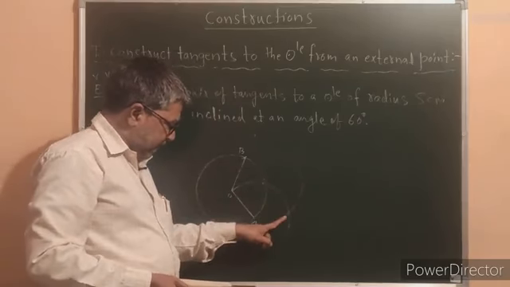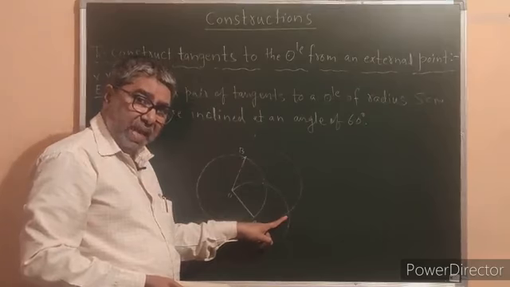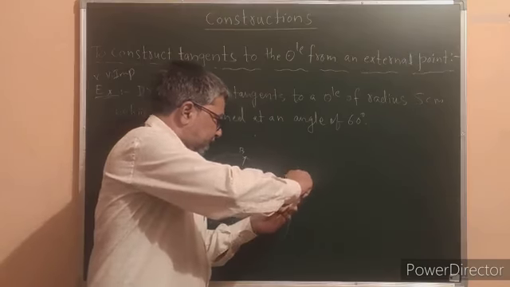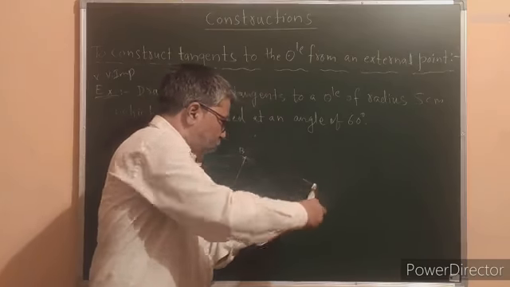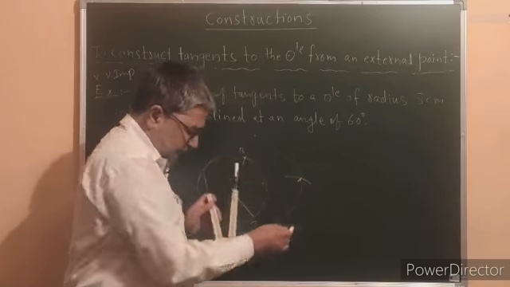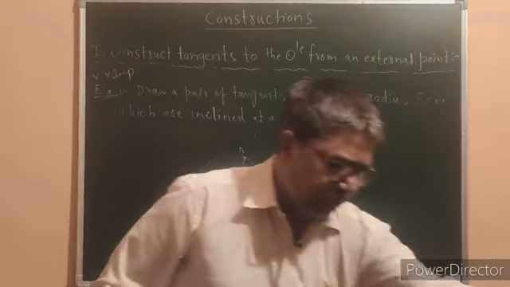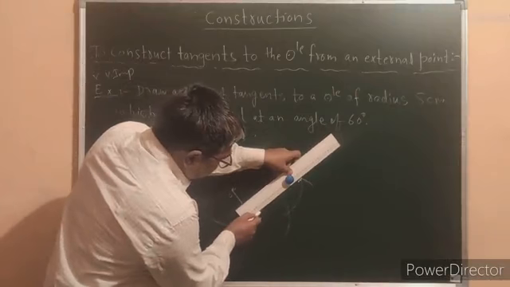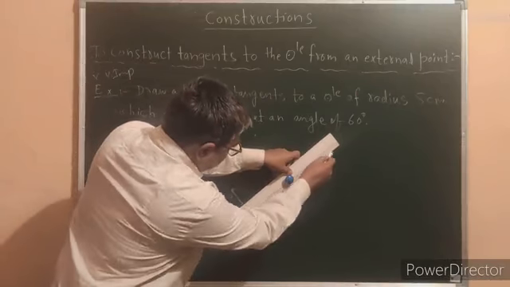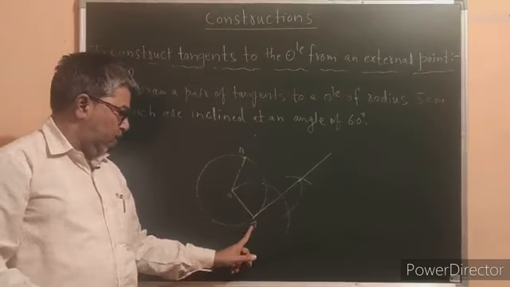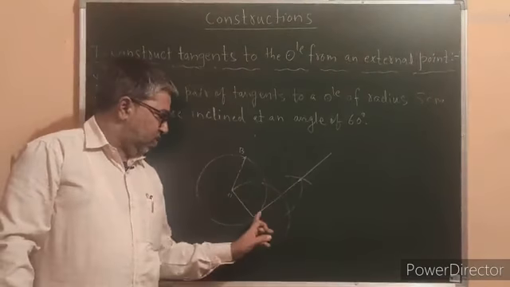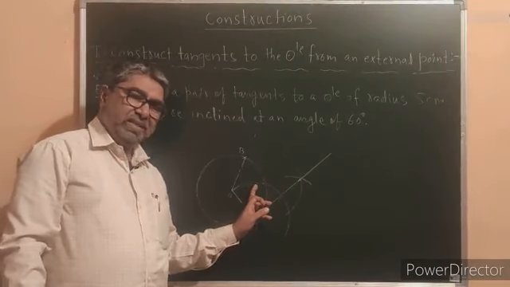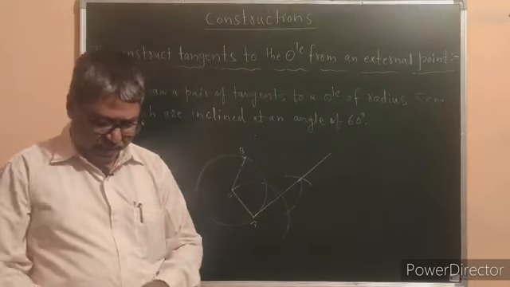This arc cutting the previously drawn arc at one point. Assume that point as center and draw another arc to get a point. Then lastly you have to draw a straight line joining point A and that point. So this is the first tangent drawn to the circle of radius 5 centimeter.